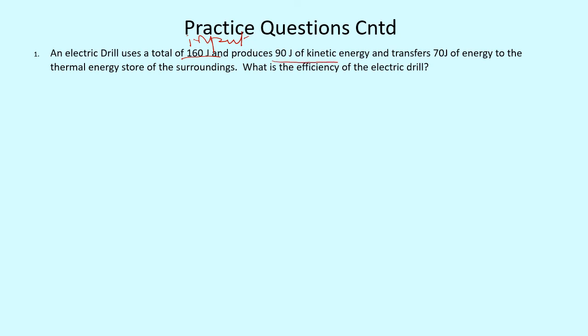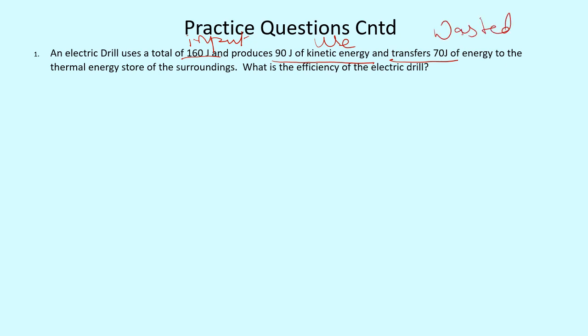Produces 90 joules of kinetic energy. So electric drill we are using for movement like we saw in the previous slide. So that is our useful energy. And then it transfers 70 joules of energy to the thermal store. Do we use a drill for thermal energy? We don't. So that is our wasted energy.